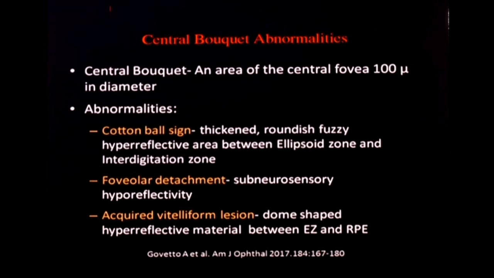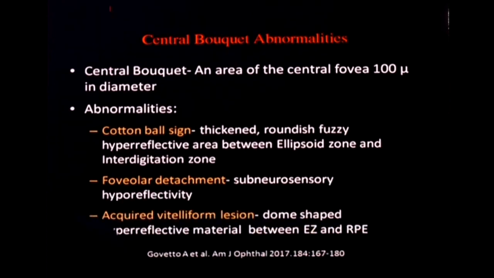Before I go to the clinical relevance, let me describe the central bouquet abnormalities. The central bouquet is an area of the central fovea about 100 microns in diameter, and it has a peculiar arrangement of the cones and special Muller cells called Muller cell cones.